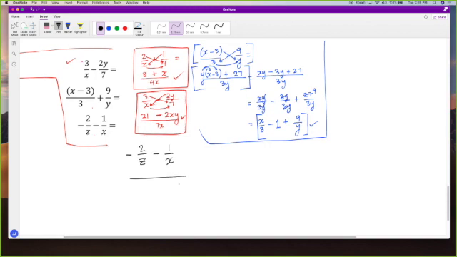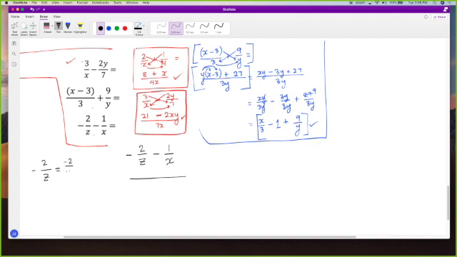Now, remember how I was talking about, like, say, if you have negative 2 over z, which one is negative? Is it the 2 or is it the z? Well, the truth is anyone.